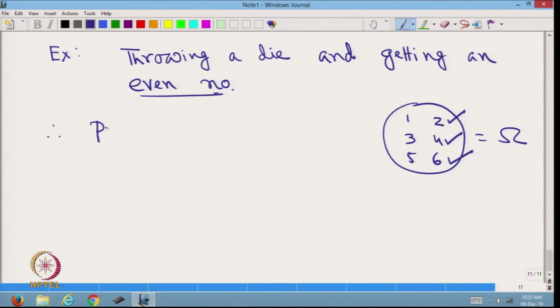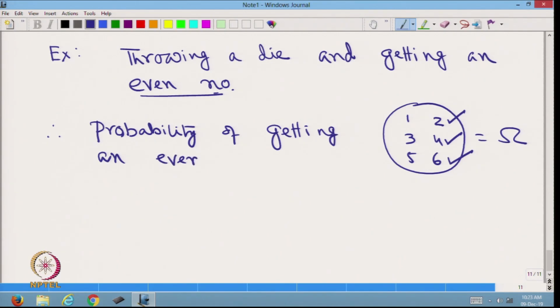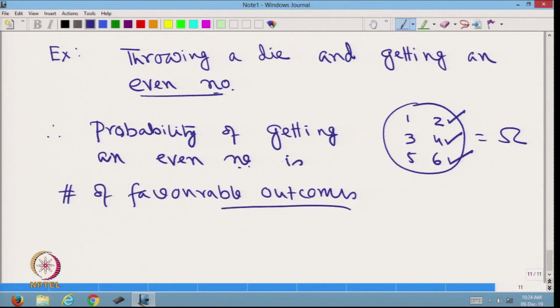formulation, the probability of getting an even number is the number of favorable outcomes divided by the total number of outcomes.